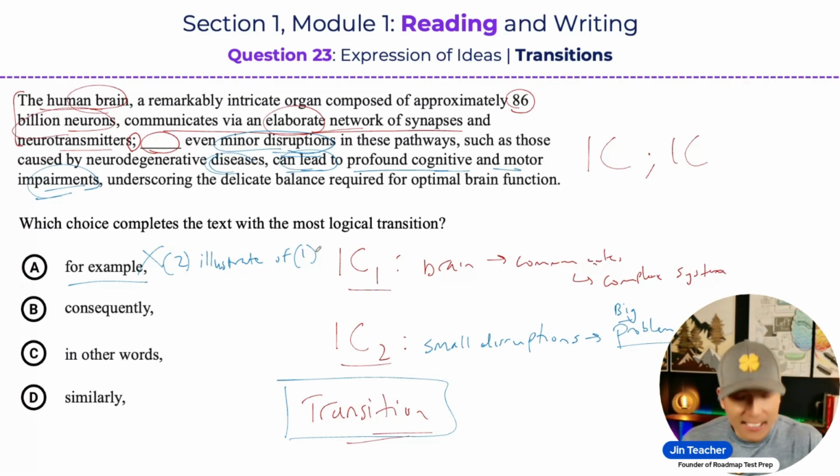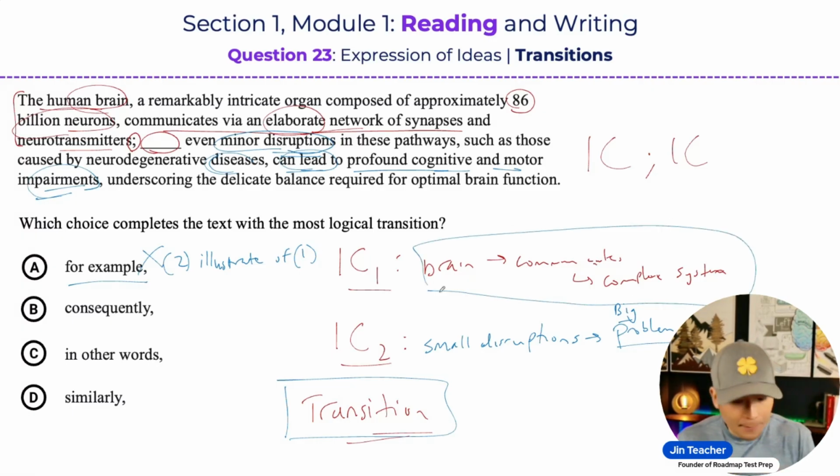So you know that this is not the case, because the first sentence's point is saying that the brain has a lot of different neurons and they all communicate using a very complicated system. If they gave you an example of that, they would have to provide specific details that show how this communication system works. They might say something like, neuron A talks to neuron B in this way, but neuron B communicates this message to neurons C, D, F, and G, whatever that is.